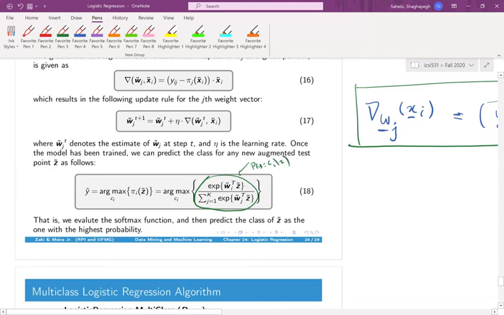We calculate that for all of our classes, and then we see which class has the maximum probability. So basically, we choose the class Ci that maximizes this probability across all of the possible classes. And that is going to be our predicted class y hat for that data point.